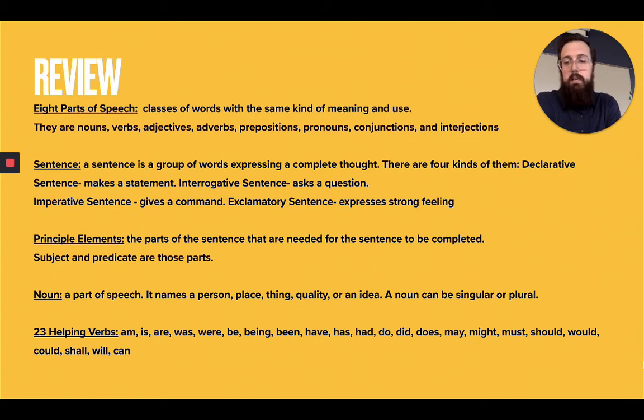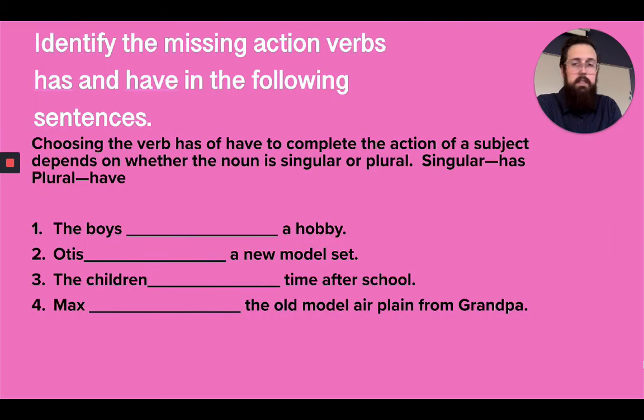Now, along the lines of nouns being singular and plural, and looking at 2 of our helping verbs, have and has, let's do a little activity before we start analyzing and diagramming. We're going to try to identify the missing verb, has or have, in the following sentences.